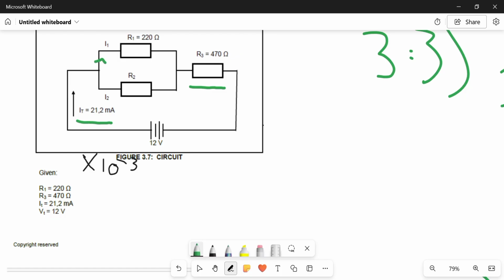But at R3, again, it will add up, because here the current splits and comes back here to form 1 again, and goes to R3. It doesn't decrease, it doesn't increase. It goes back to normal unless we remove this resistor. Once we remove this resistor, current will increase. The total current will increase.